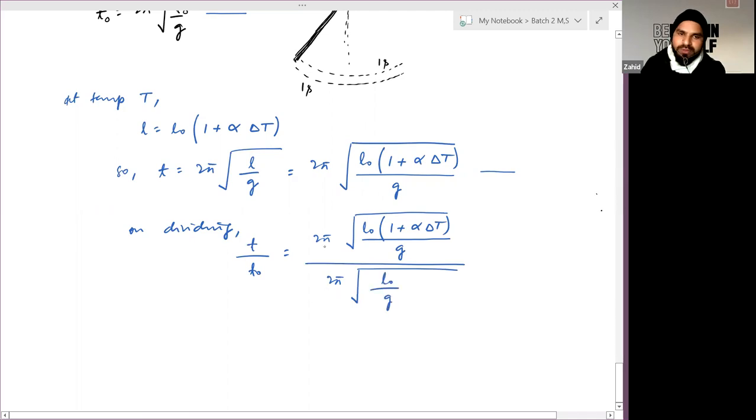So 2 pi and 2 pi will cancel out. L naught by g, L naught by g will cancel out. So you're left with (1 plus alpha delta T) whole to the power 1 by 2.